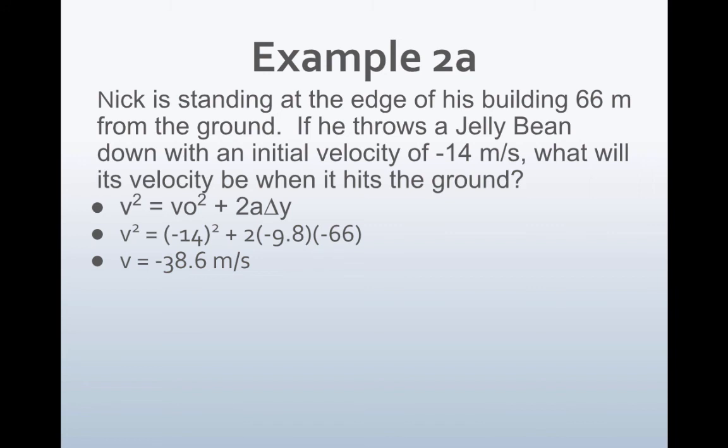Now you'll notice if you do the math, you actually get a positive answer, but remember your square root rules. When you take the square root of v squared, you're going to get plus or minus depending on the direction.